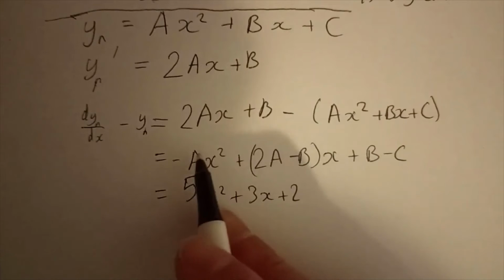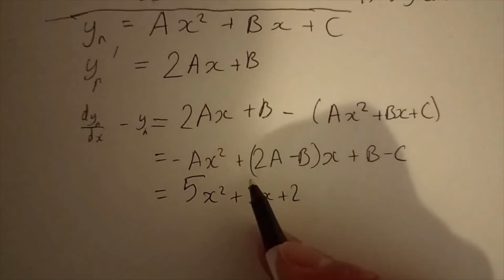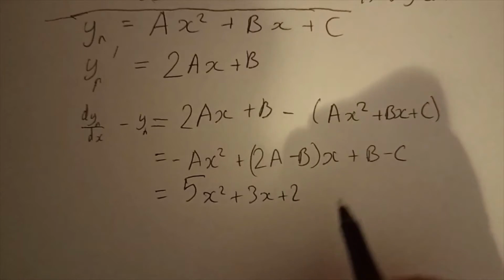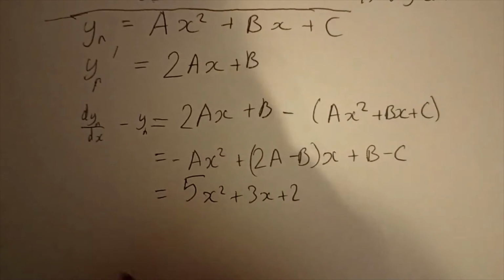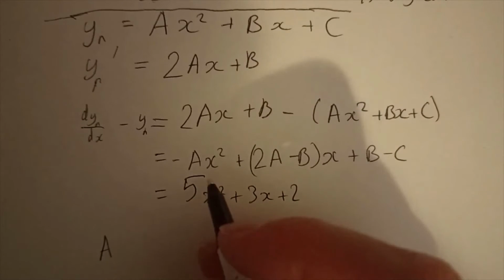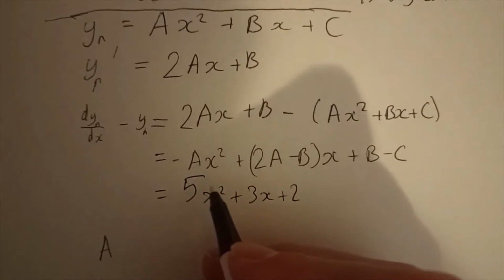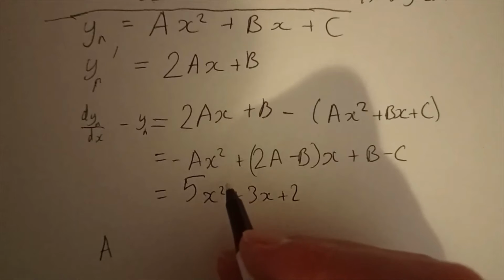So therefore we can read off these coefficients a and we can solve for the b and c. So a here has to equal -5 because negative a has to equal 5 because they're the coefficients of the x squared term.